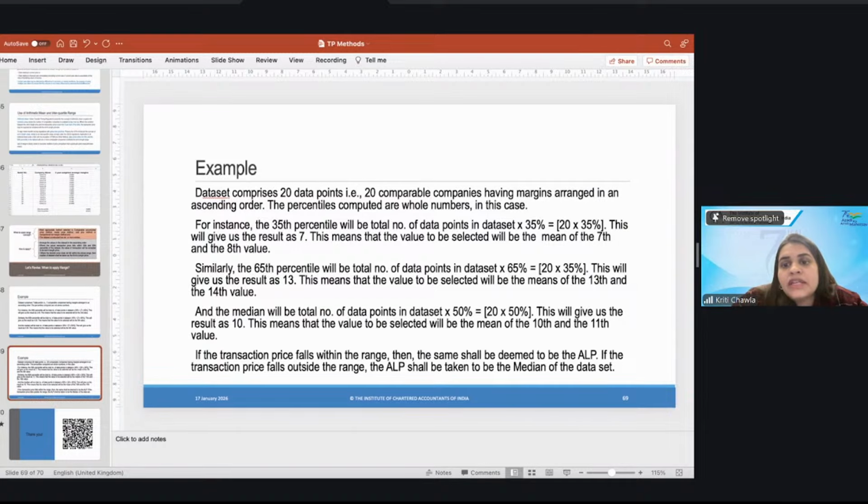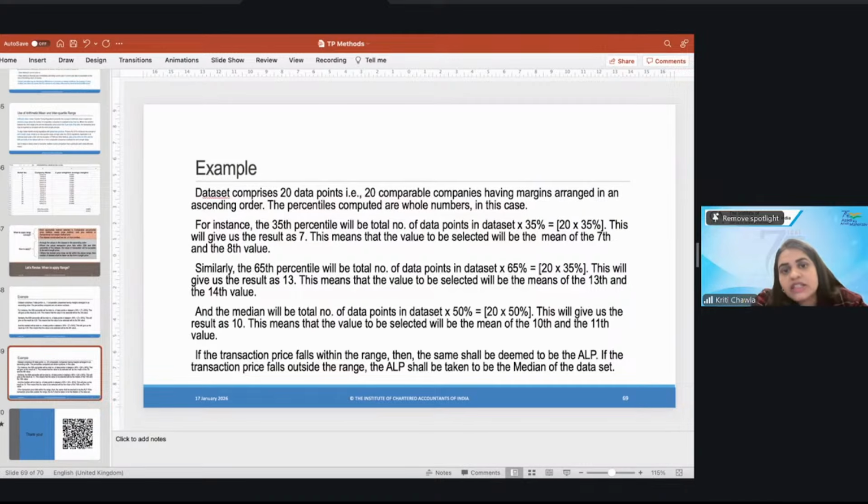So what will happen? There will be a transfer pricing adjustment. Now the point is, how much will be the transfer pricing adjustment? From what point will the tax authorities do a transfer pricing adjustment? They say that the adjustment will happen from the median itself. The taxpayer has earned 2%. They should have earned the median, which is 5.5%.